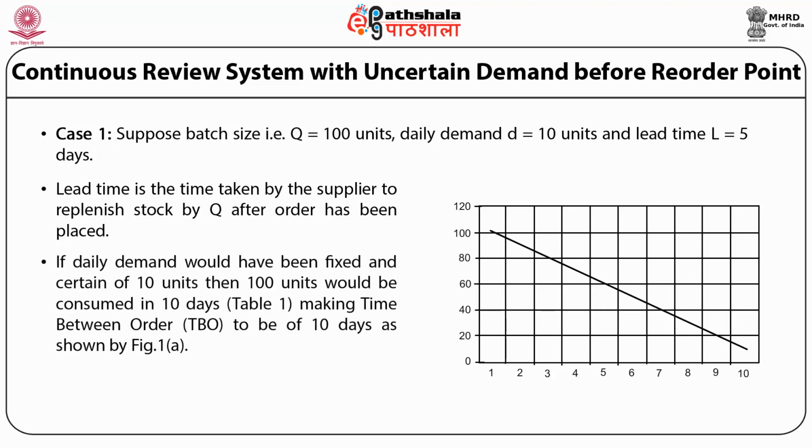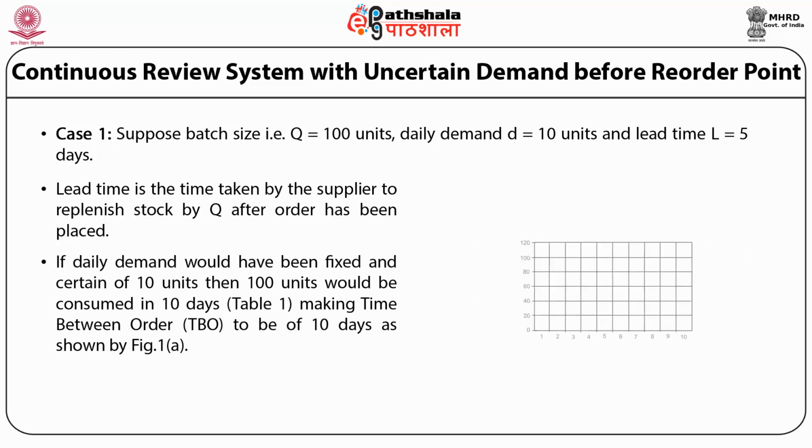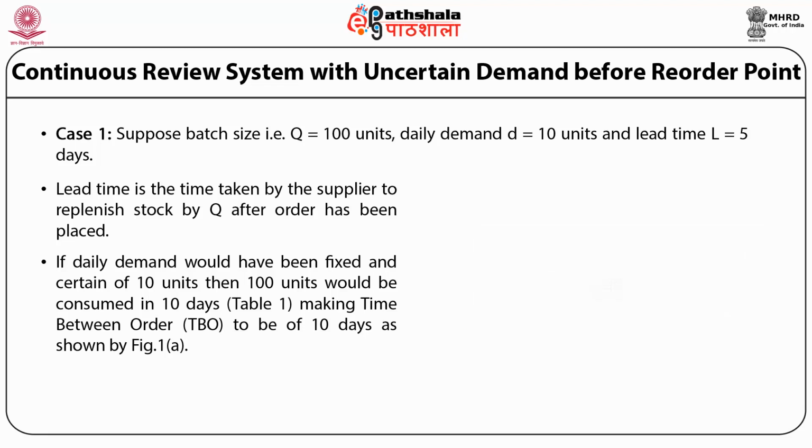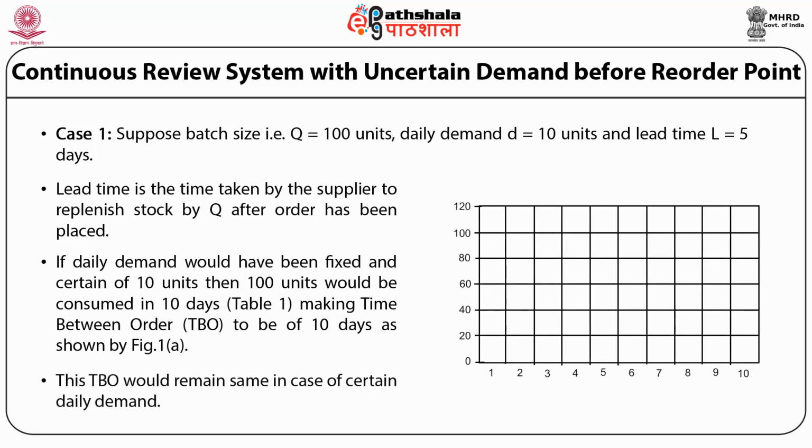If daily demand were fixed at a certain 10 units, then 100 units would be consumed in 10 days, making the time between orders, TBO, 10 days, as shown by the figure. This TBO would remain the same in case of certain daily demand.